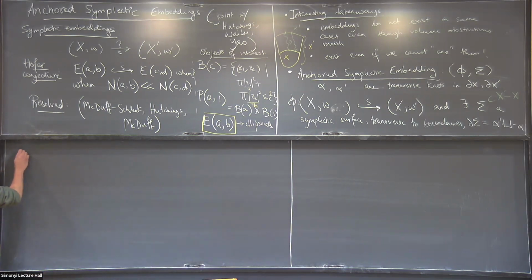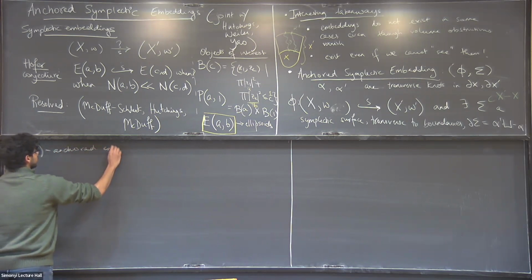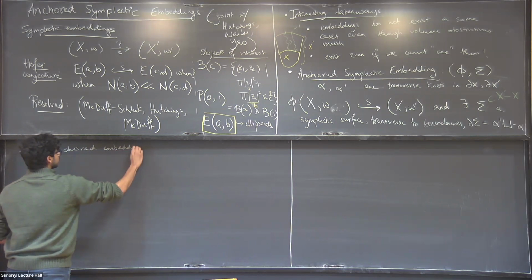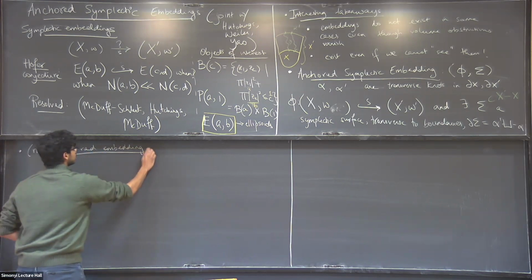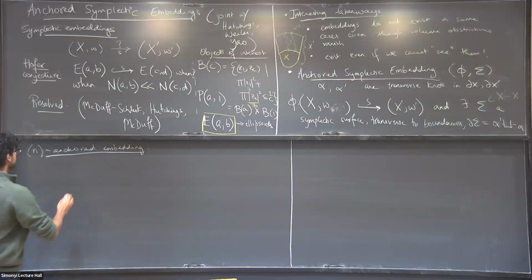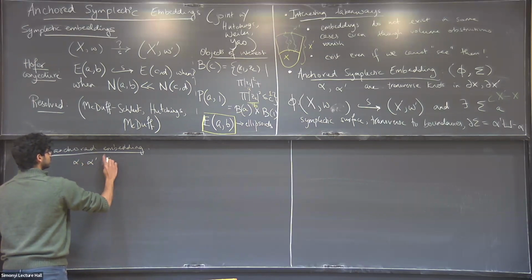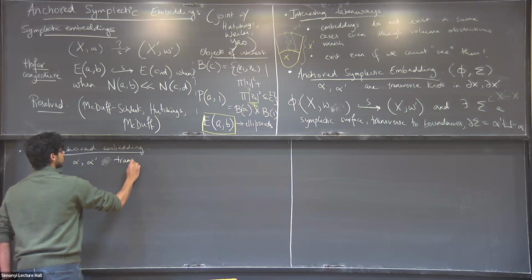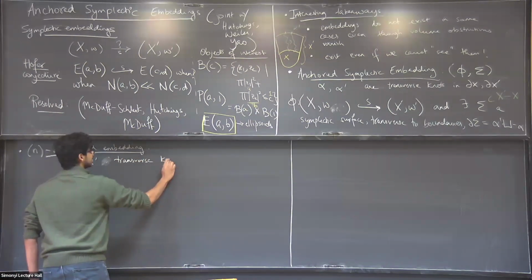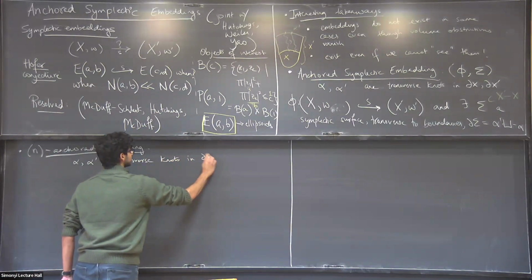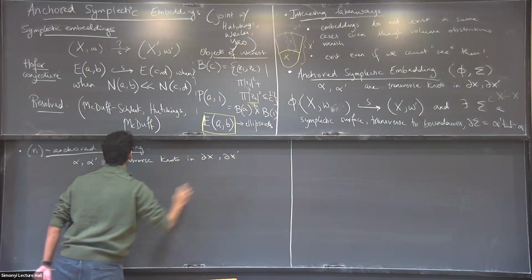I also define something called an N-anchored embedding, which says, well, suppose you have alpha and alpha prime as before, transverse knots in the boundary of X prime.